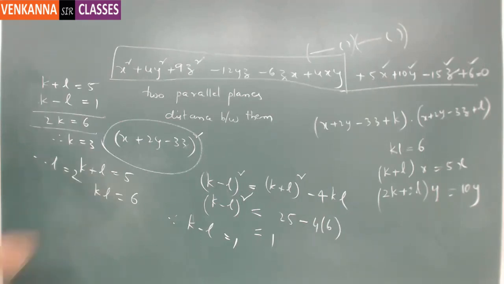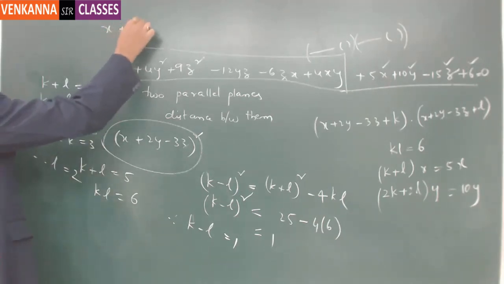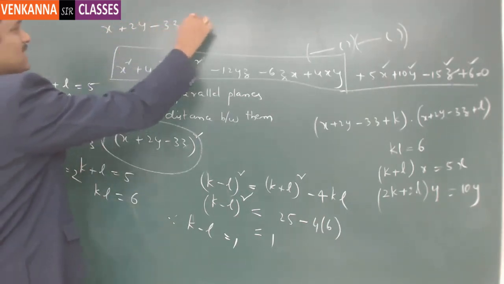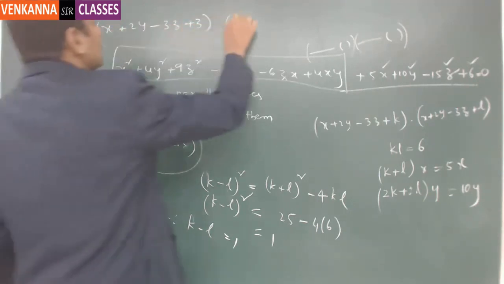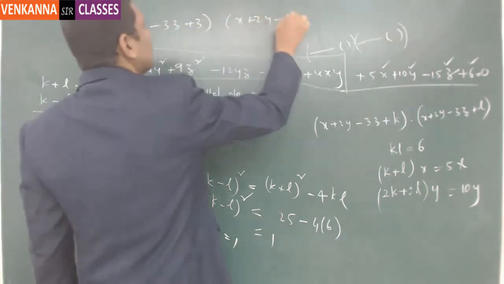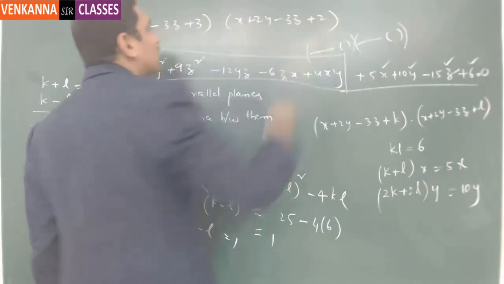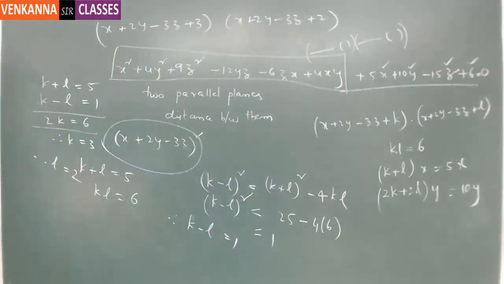So, the respective planes are x plus 2y minus 3z plus 3 is one plane, and x plus 2y minus 3z plus 2 is another plane. These are the constants. So, in this way, we get the parallel planes as well.